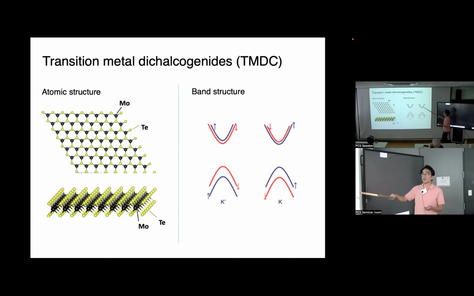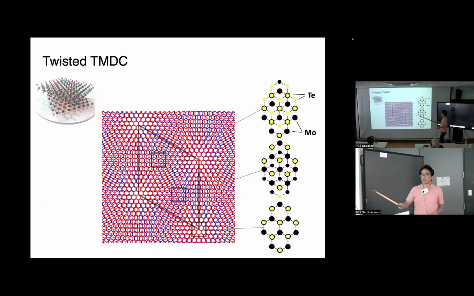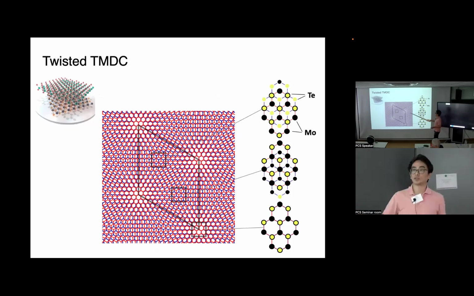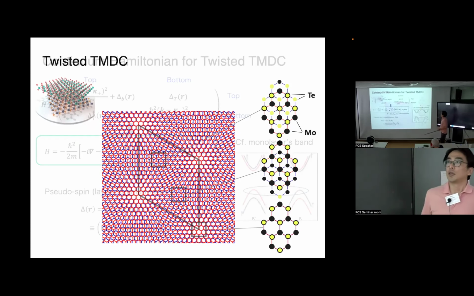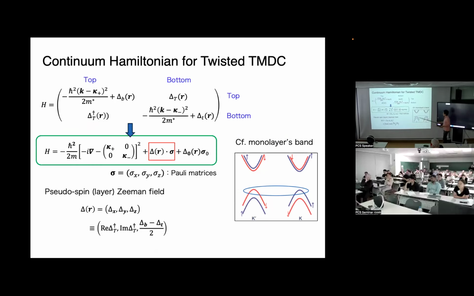Now, for the Moiré, we have basically the same thing. From the top view, it's just a honeycomb like this, so it's exactly the same as the picture. And we can have a similar type of configuration in this twisted system. This part is very important, so you focus on the Moiré band. This is the monolayer.